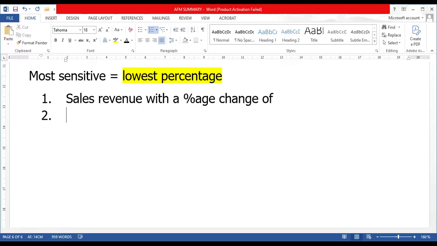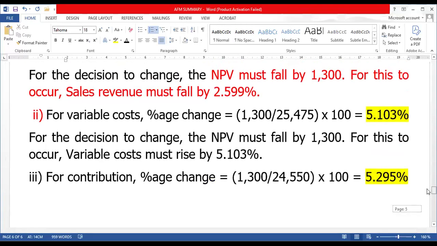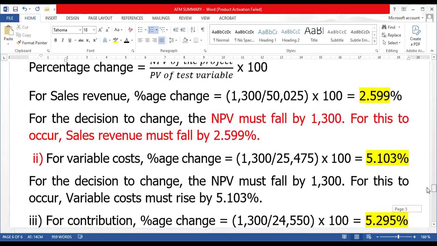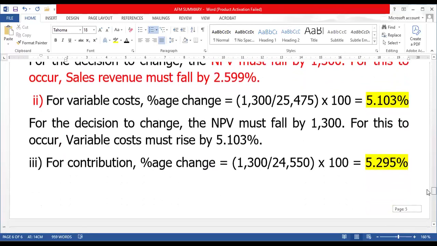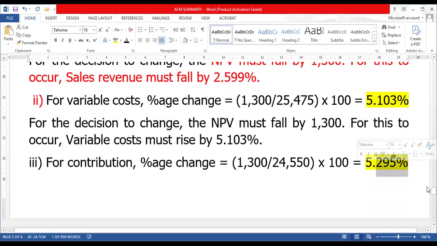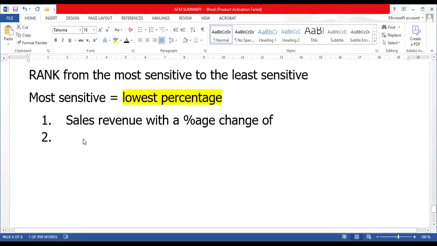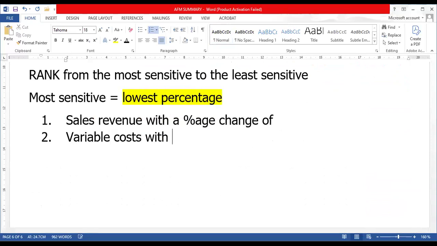Then number two was variable costs, because it has a lower percentage compared to this. So number two is the variable costs with the percentage change of, put the percentage like that.